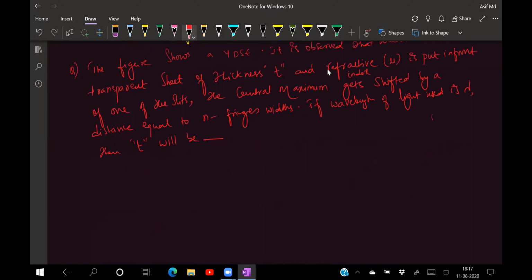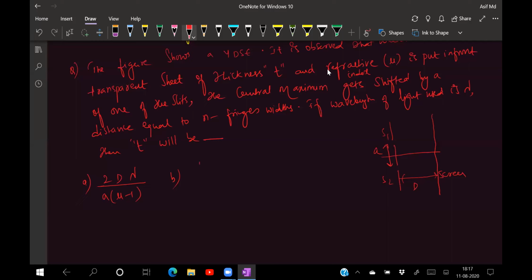So this is a screen and this is your source. This is S1, this is S2. This distance is capital D, this is the screen, and this one is the central maximum. The distance between them I'm taking as A. The first option is 2 D lambda by A into mu minus 1.